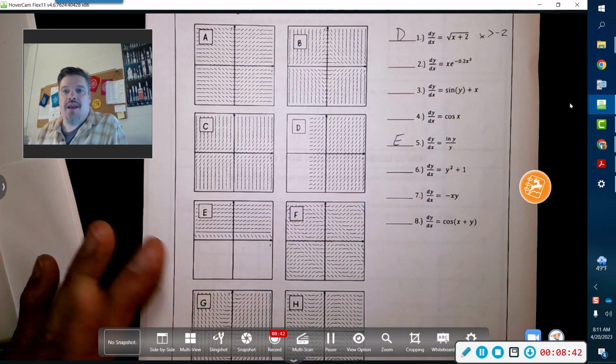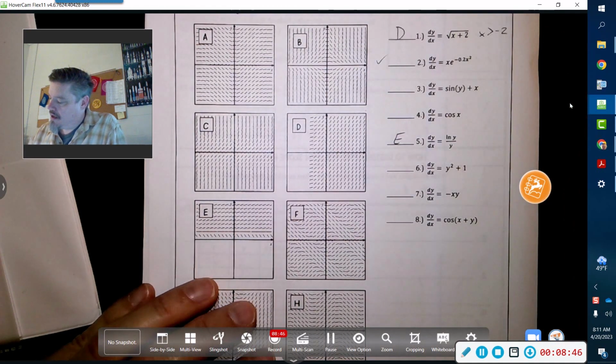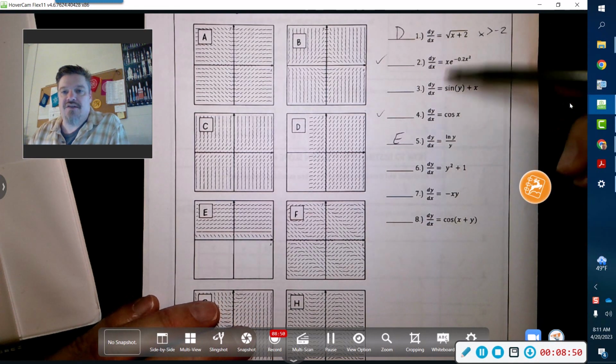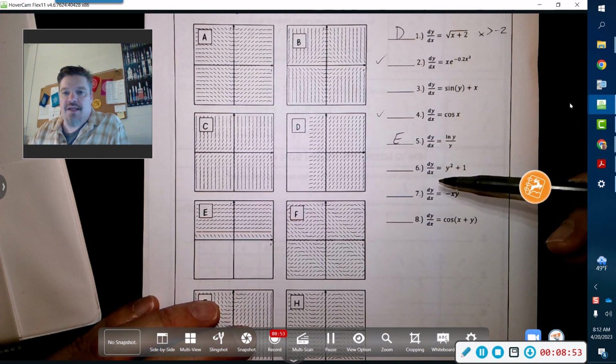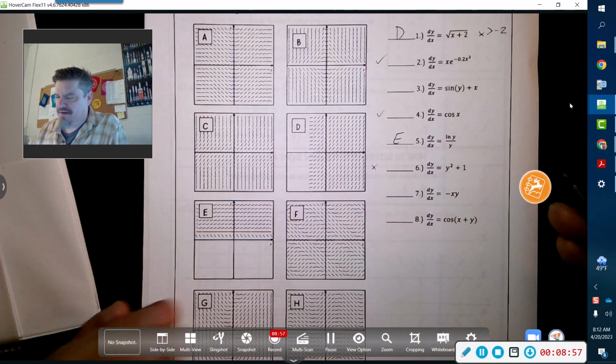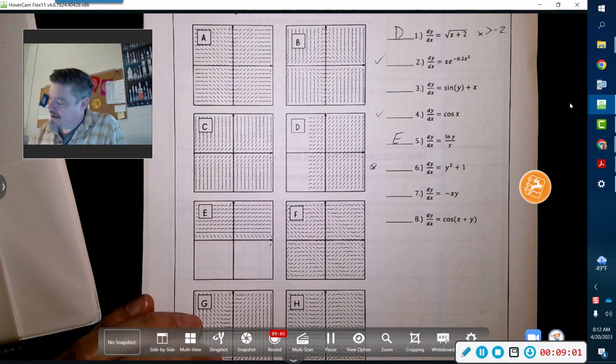Okay, now I want to look at the ones that just have x's, okay? I'm going to put a check mark for the ones that just have x's. Okay, so these guys just have x's. Let's pick something else, a circle, on the ones that just have a y. Okay, and it looks like that's the only one.